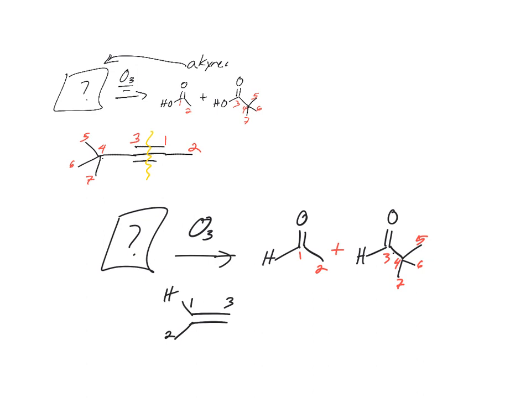You wouldn't know if it's a cis or trans alkene. So 4, 5, 6, 7. So this is a possible alkene reacting with ozone would make these two aldehydes, right? Where this gets spliced down there and makes the two carbonyls.